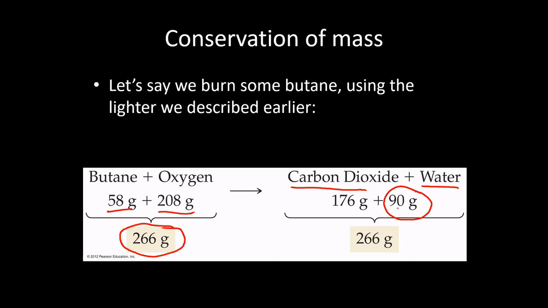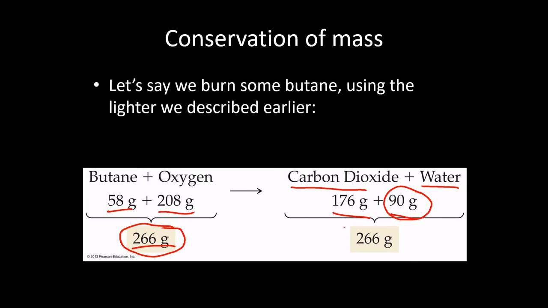Well, if we know how much water it produced, we also know that it had to have produced 266 grams of material total. Because again, because of the law of conservation of mass, whatever mass we had at the beginning, we must have the same mass at the end. And so if we had 90 grams of water, that means we are required to have produced 176 grams of carbon dioxide.